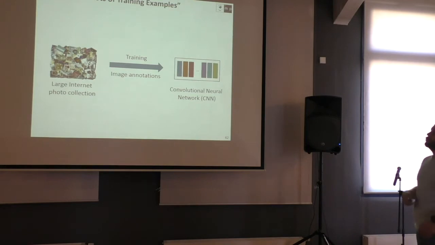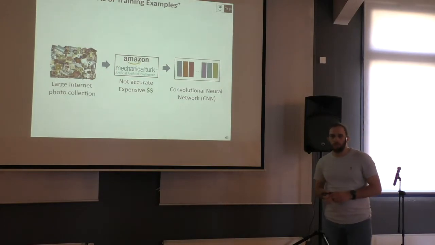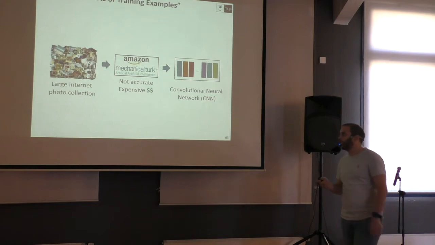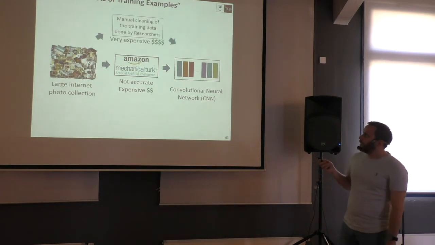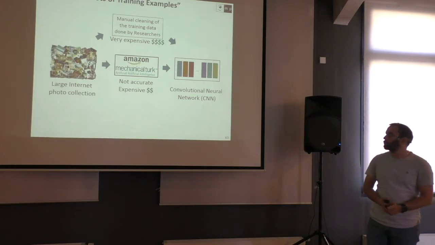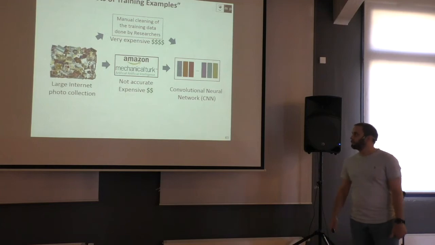While here, you need to have really strong annotations. So what people have done is they used mechanical Turk, which you have to pay, and it's not very accurate. What some other people have done is manual cleaning, so researchers sitting in front of the computer and just clicking on images, which is a really expensive waste of researcher time.